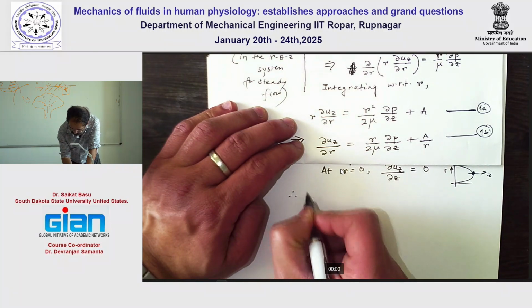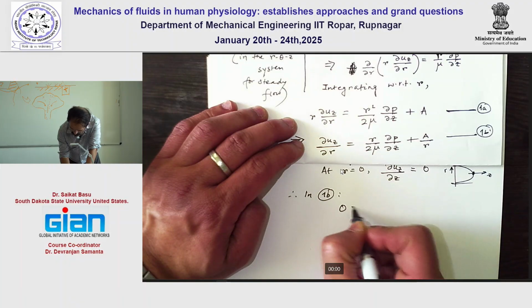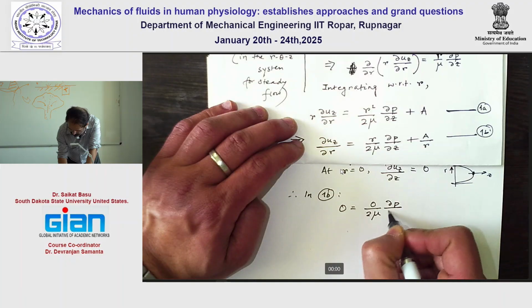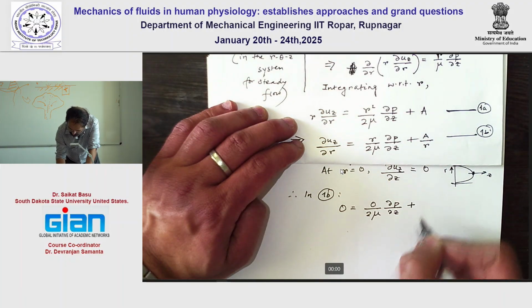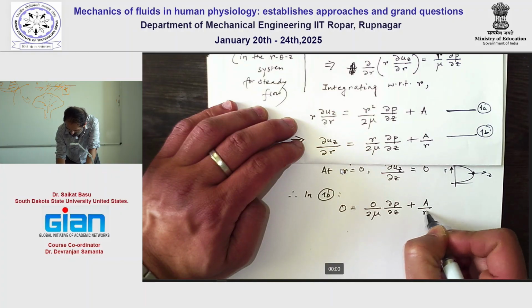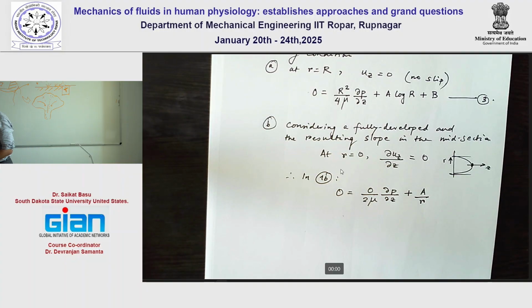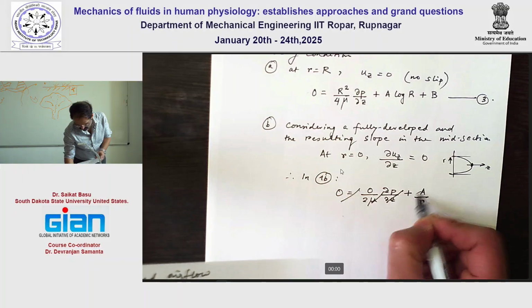So therefore, in 1b, we have 0, 0 over 2 mu del p del z plus A over r. Now, people raise some issues with dividing by 0, so instead of doing it this way, let's do it in a slightly different way.